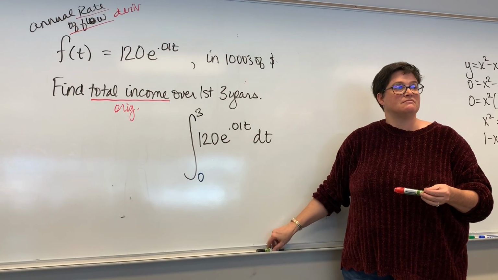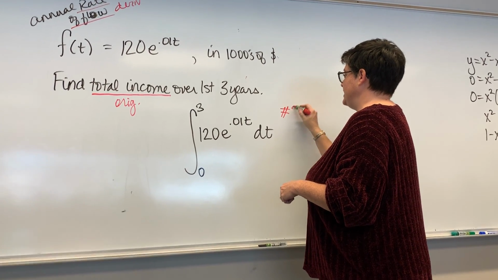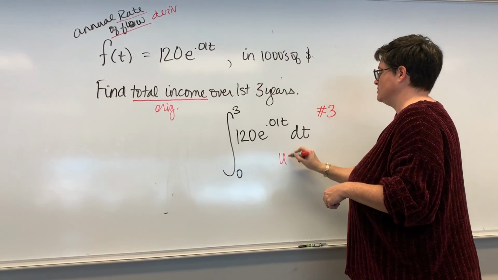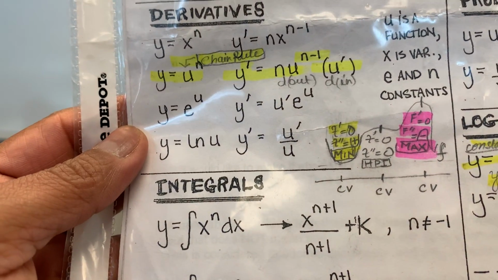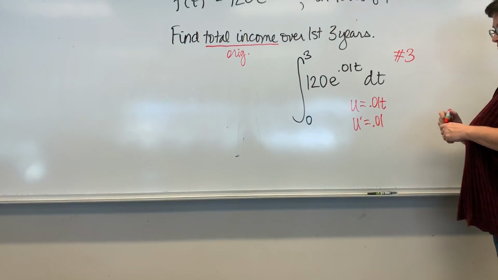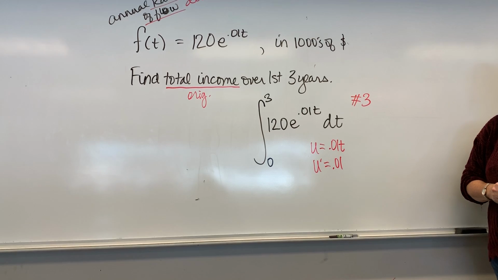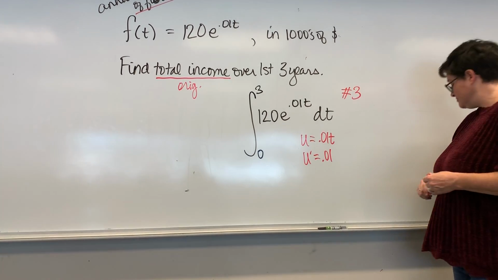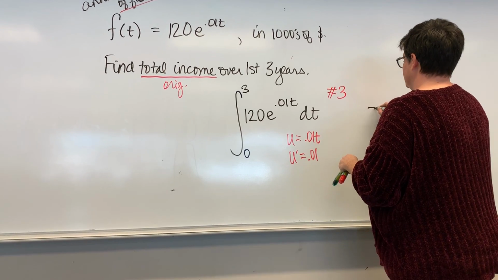Which integral is this? It's the e one. So what's my u, and what's my u prime? We have 120, and what do we want? So what are we going to multiply and divide by? 0.01.